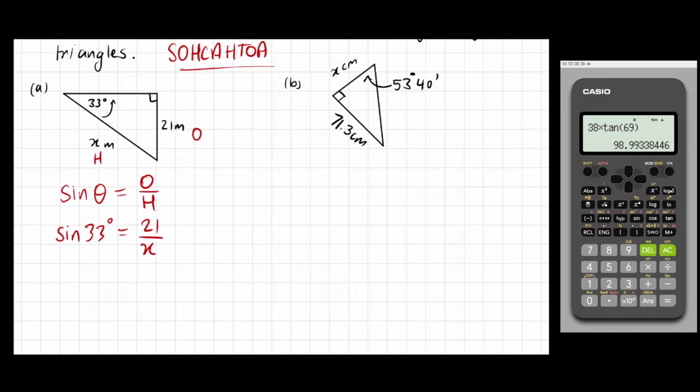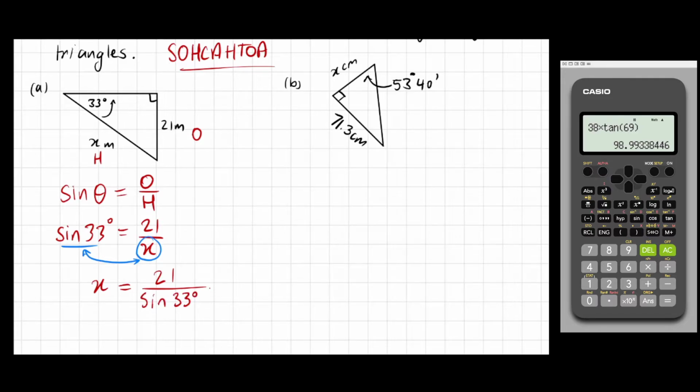The way that I find easiest, and I think a lot of people find easiest, is if you've got the pronumeral on the bottom, and this only works if you have the pronumeral on the bottom in these trigonometric problems, you can swap its position with that sine 33 degrees there. So let's swap it around, and it becomes x is equal to 21 on sine 33 degrees.